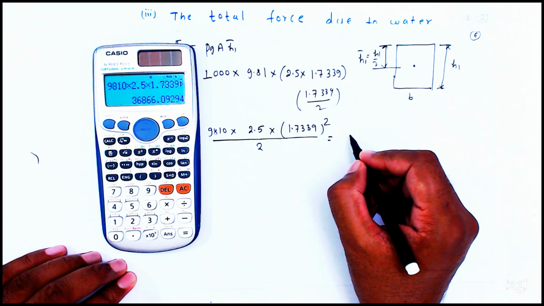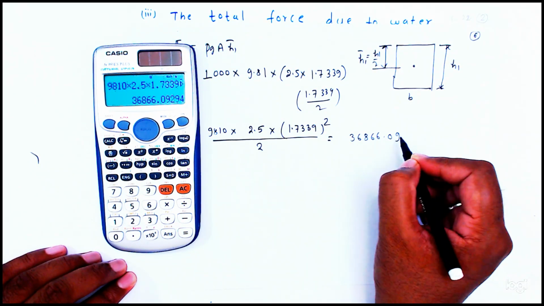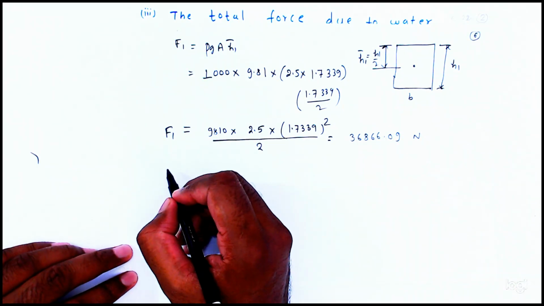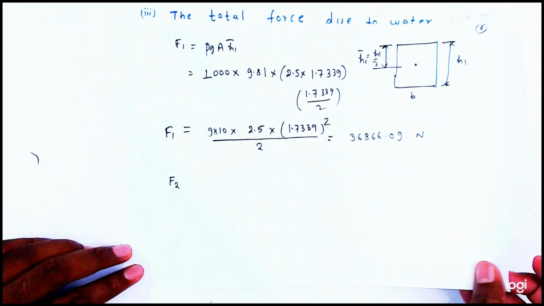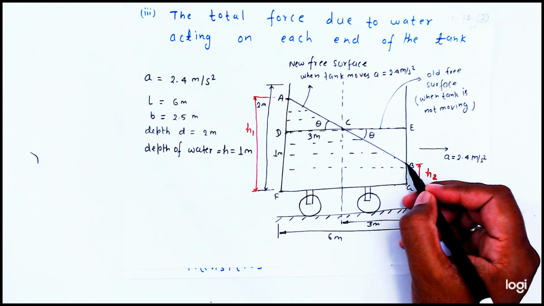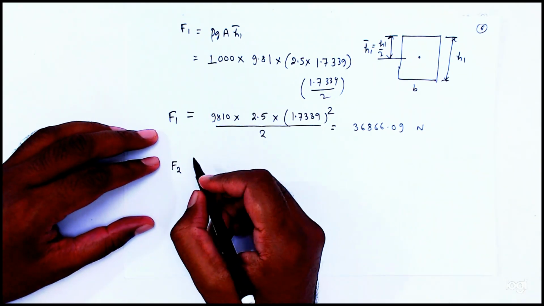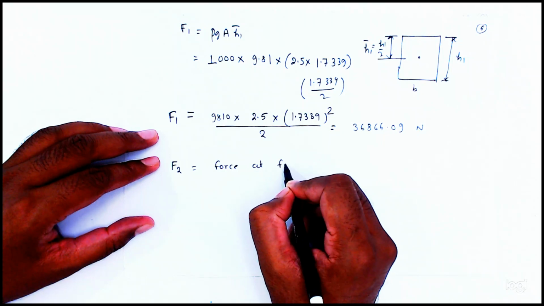So friends, it will come 36866.09 Newton. And F2 is the force at the front end.